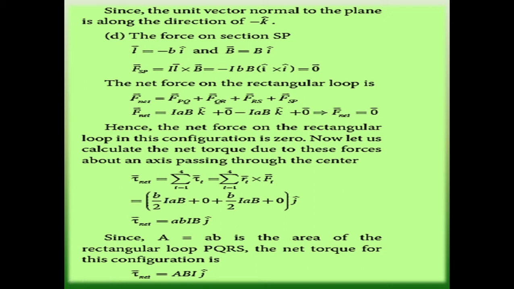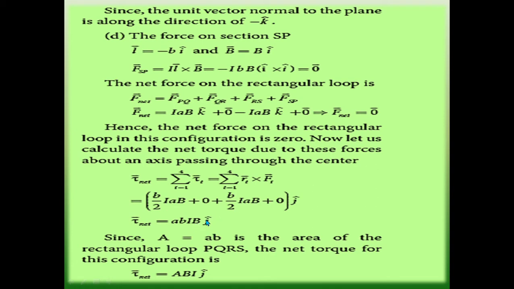So b by 2 into I a B plus 0 plus b by 2 into I a B plus 0, into j cap. The net torque is 1 by 2 plus 1 by 2, which is nothing but 1. That is why a b capital B I into j cap.